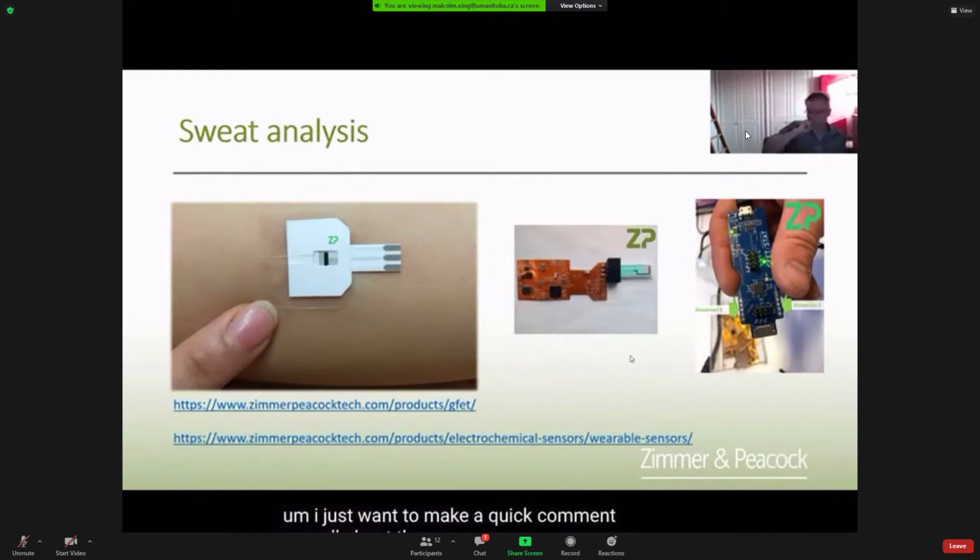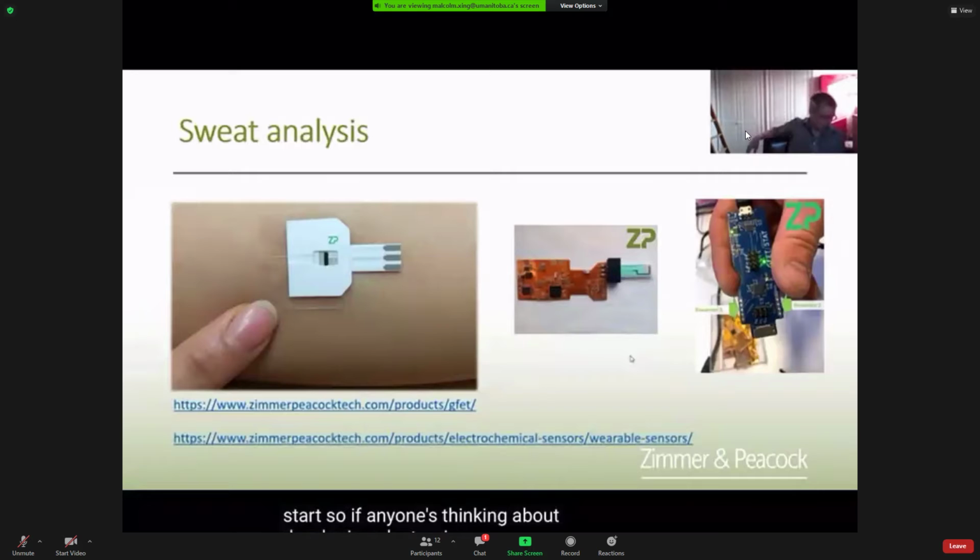I just want to make a quick comment about the electronics. At ZP, we do have the electronics. I want to make a couple of honorary mentions. There's a chipset from Texas Instruments, I want to say the MSP430. It's a classic chipset used in a lot of glucose meters, so we are familiar with that. But these days, Analog Devices have also done a really nice chip-sized potentiostat.